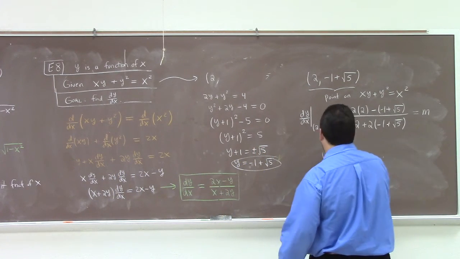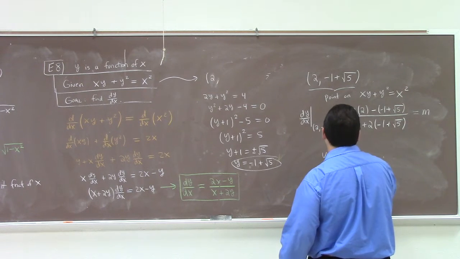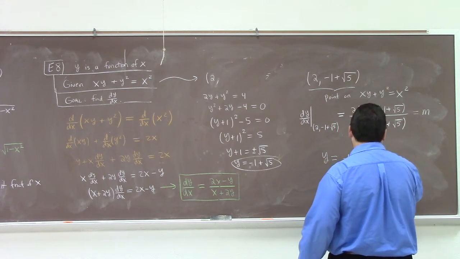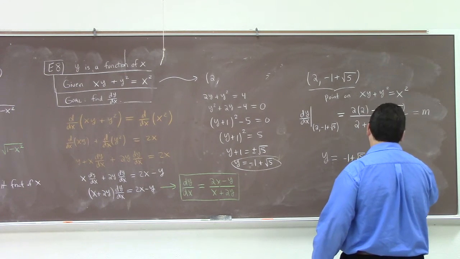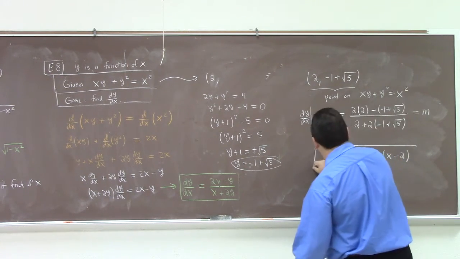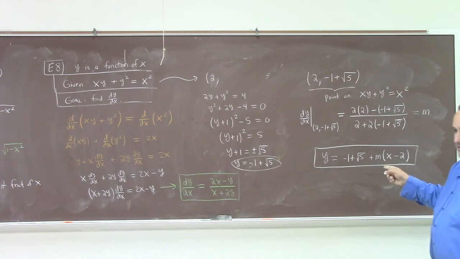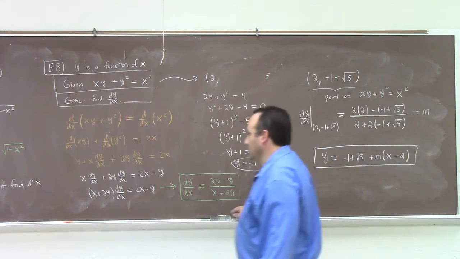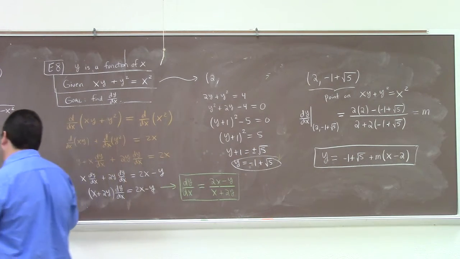So then y equals minus 1 plus the square root of 5 plus m times x minus 2. That is the equation of the tangent line to that graph at that point. So we can use implicit differentiation to find. Oh, goodness gracious.